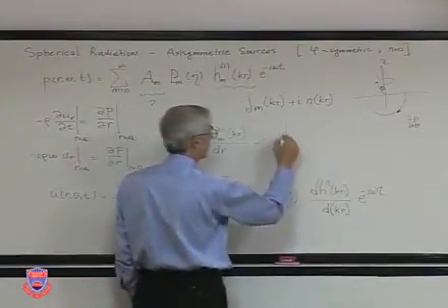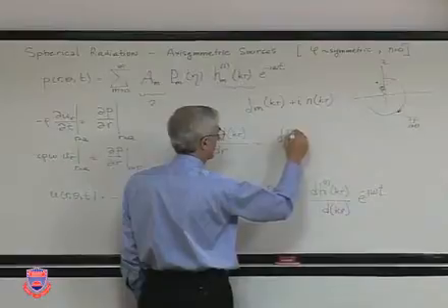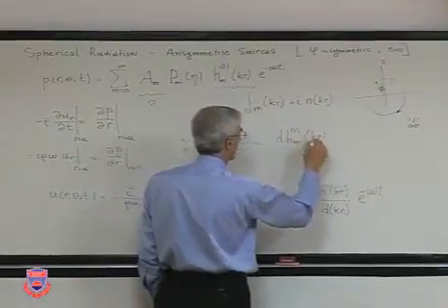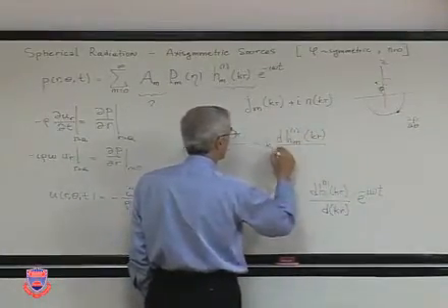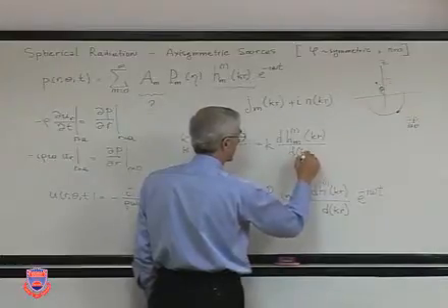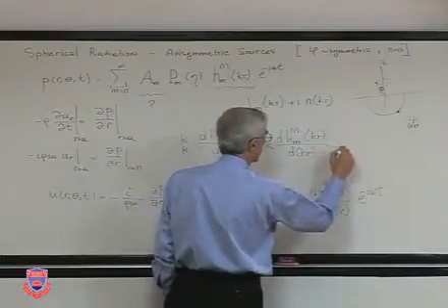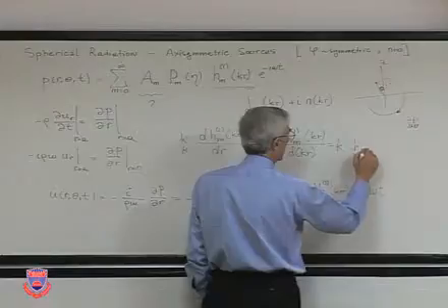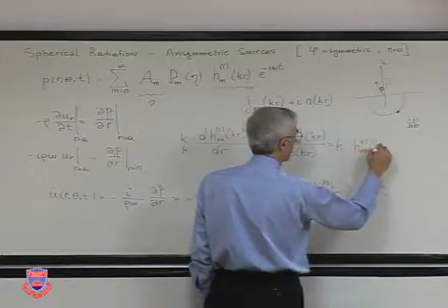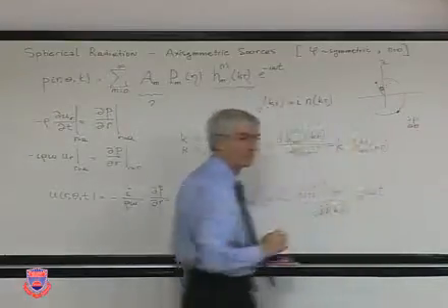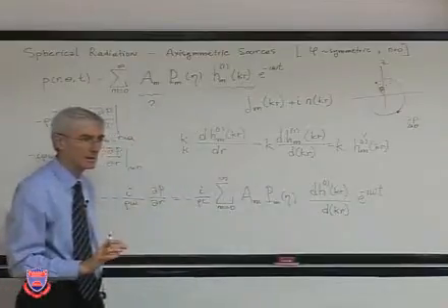It's just a little math property, nothing too complicated. That gives you Hm'(kr), a derivative.